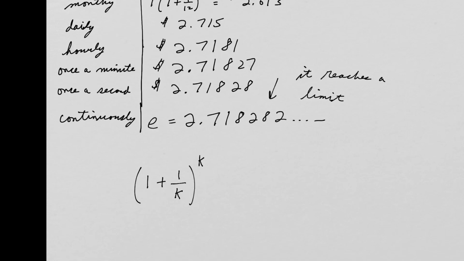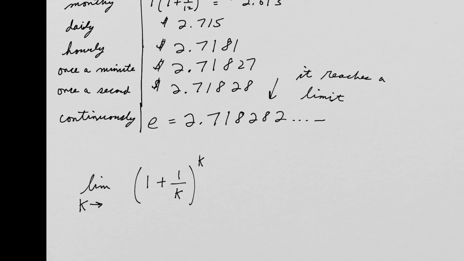Well, what happens continuously, what that means is I take the limit as k goes to what? It's getting larger and larger, right? K was 1 for annually, 2 for semi-annually, 12 for monthly, 365 for daily, 365 times 24 for hourly, and so on.